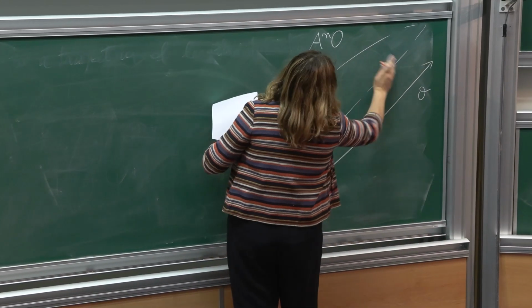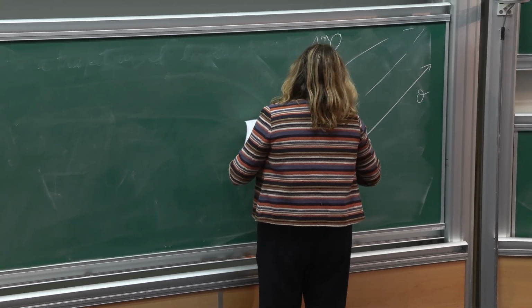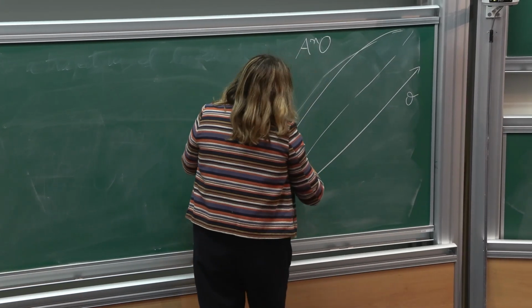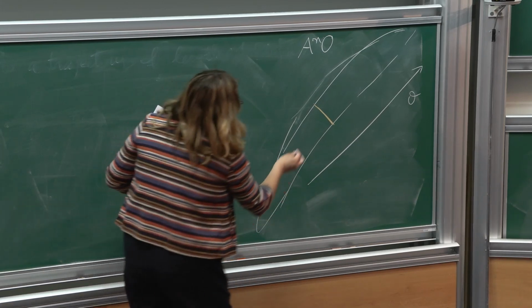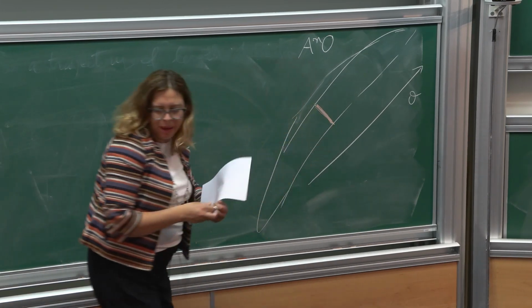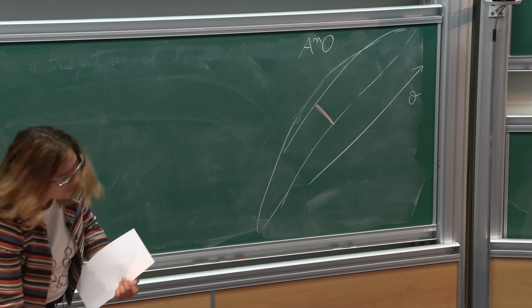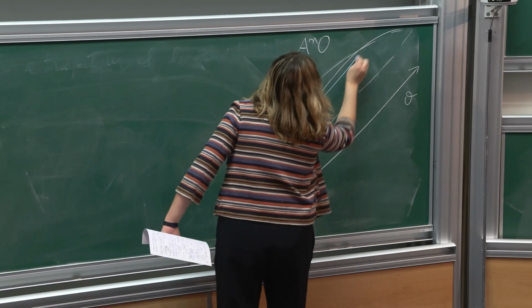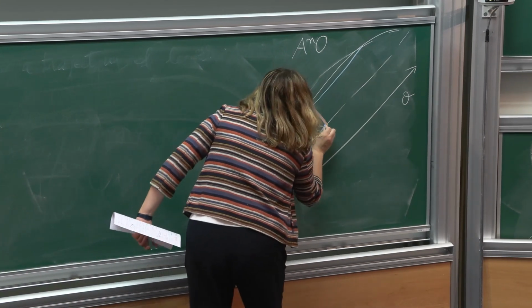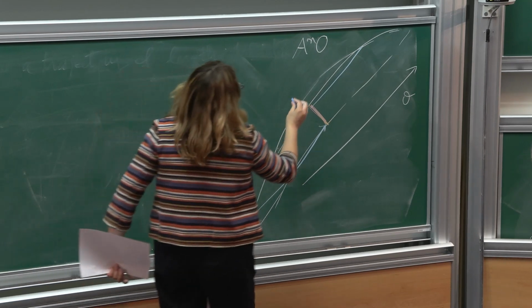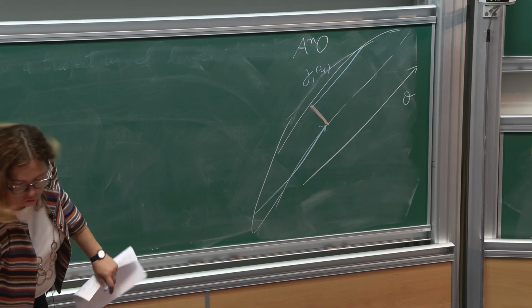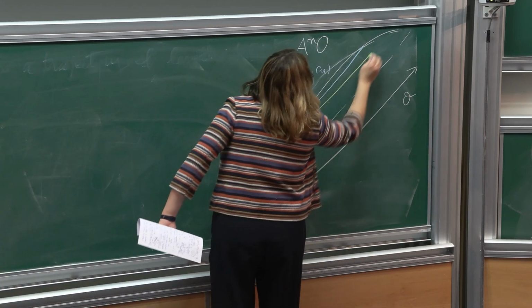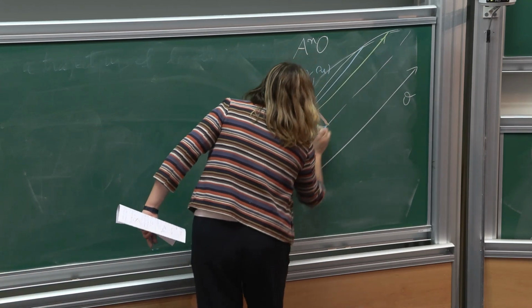My section became much shorter, and my trajectories are very long. So they're long returns. This is gamma 1 to the n, and this is gamma 2 to the n.